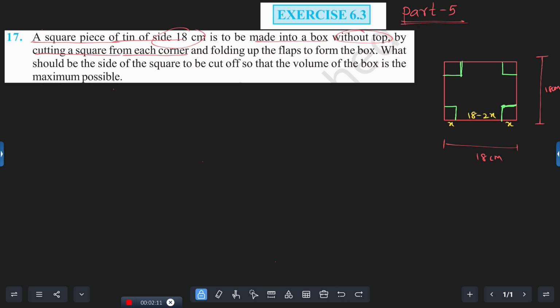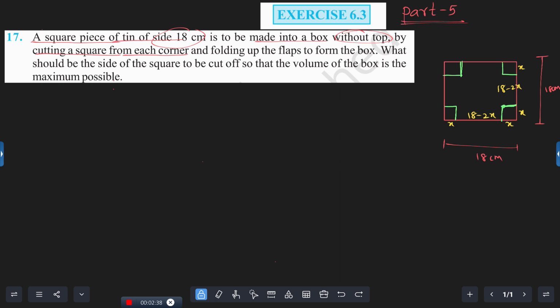In the same manner here also, this is x, this is also x. From the 18, 2x removed, then the balance you will be getting is also 18 minus 2x. Understand? Now when you fold this, x only will become the height, because we will be folding it like a prism in the corner. So x only will be coming as the height.